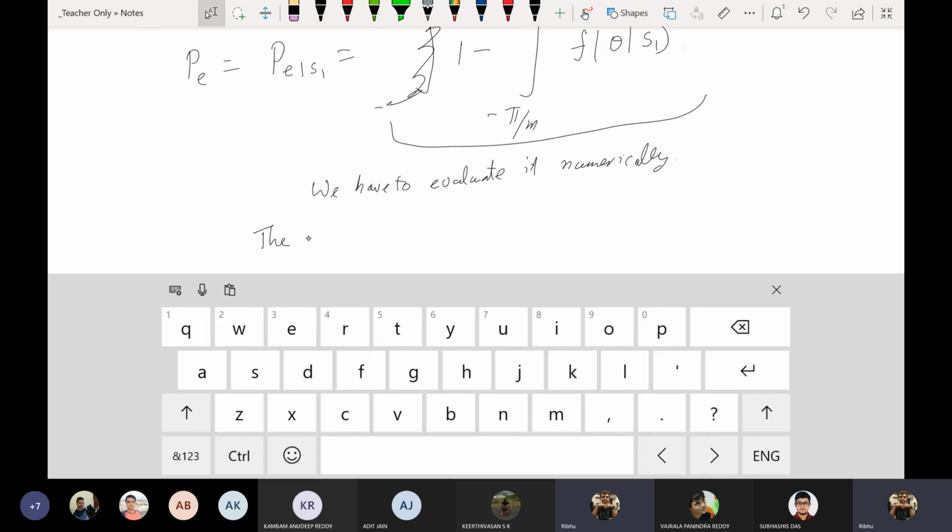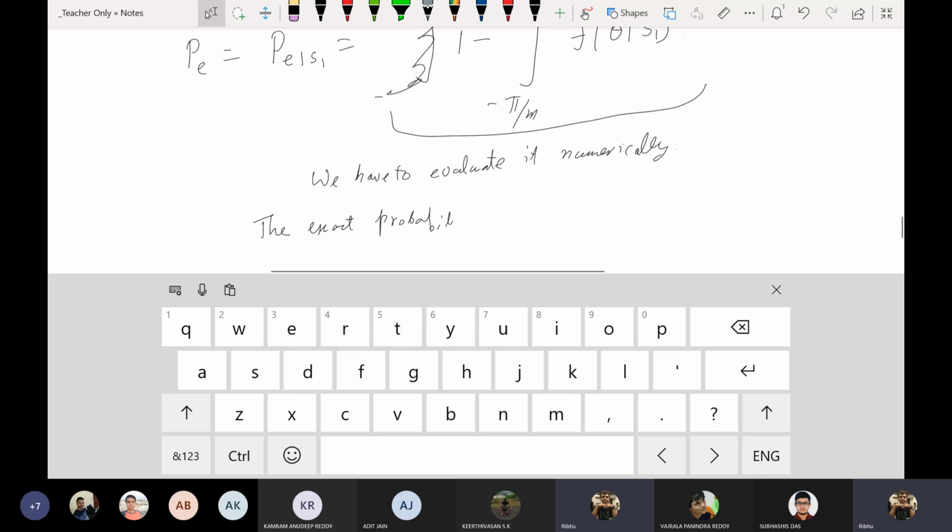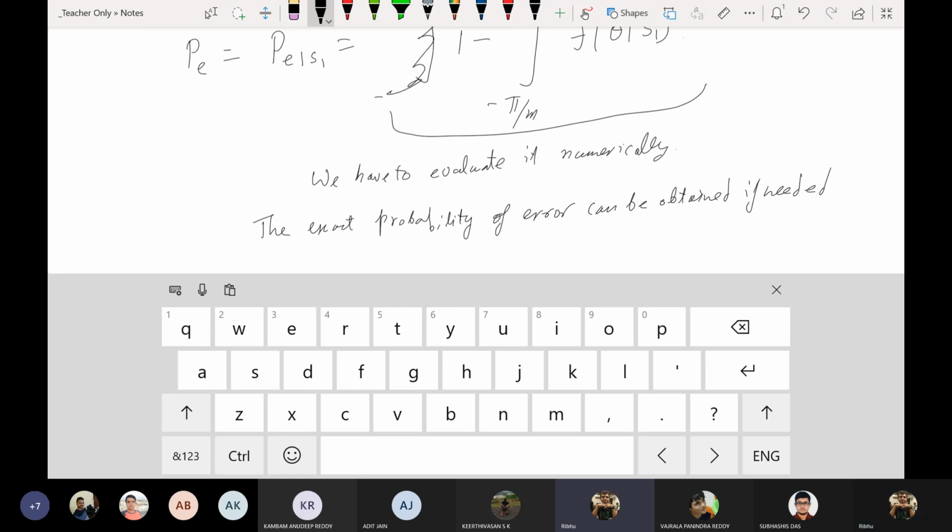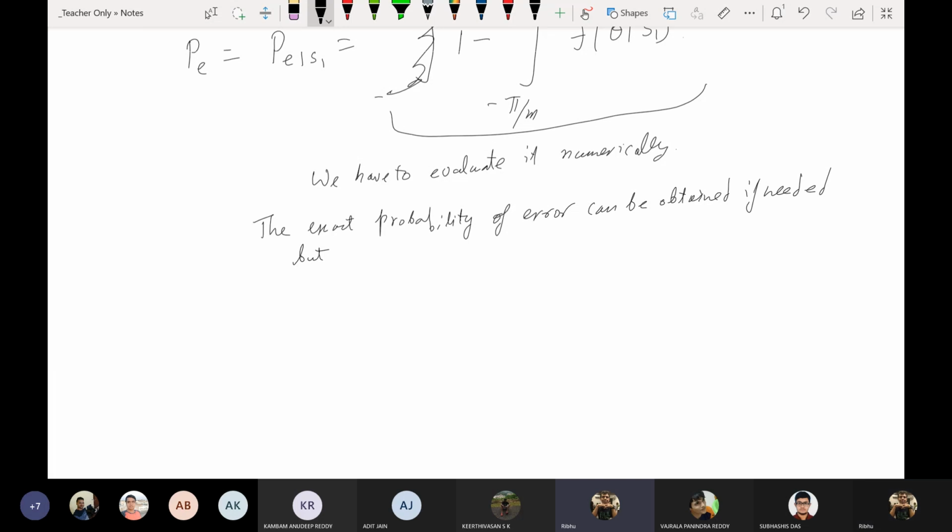So the exact probability of error can be obtained if needed, but there is no closed form expression.